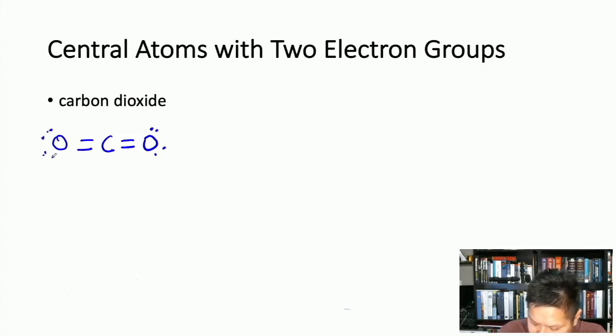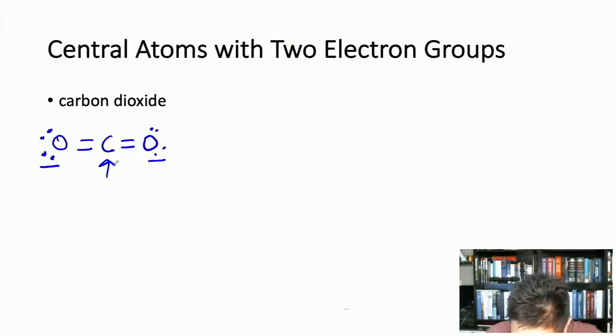The reason is that VSEPR theory says the electron pairs want to be as far away from each other as possible. That, along with how the atoms are bound to the central atom, dictates what shape carbon dioxide is going to be.